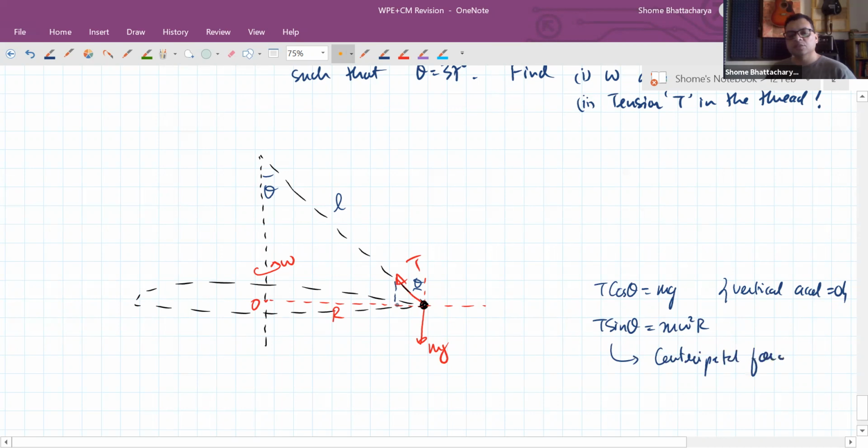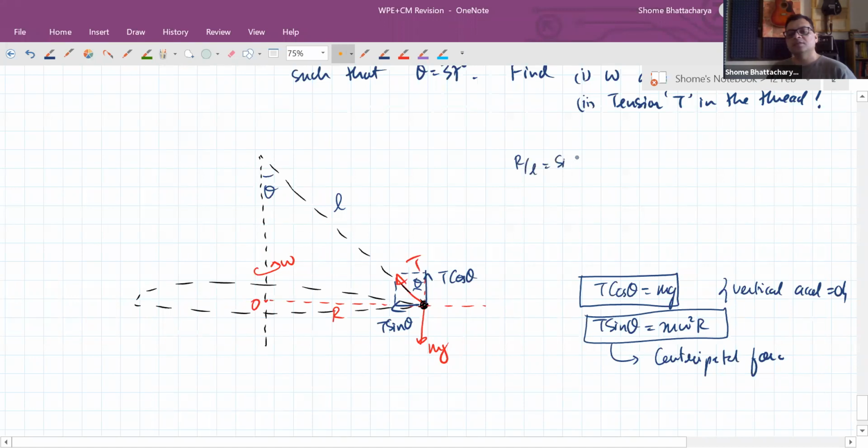You can see that by breaking tension into these two components, the sine component of tension here is the one which is providing the centripetal force. So these two become our important equations. Okay. Now geometrically you can see that of course r by L is equal to sine theta. So r by 5 meters is equal to sine 37, which is 3 by 5. So the radius of the circular path is 3 meters.